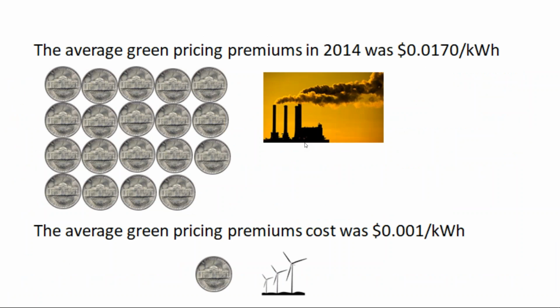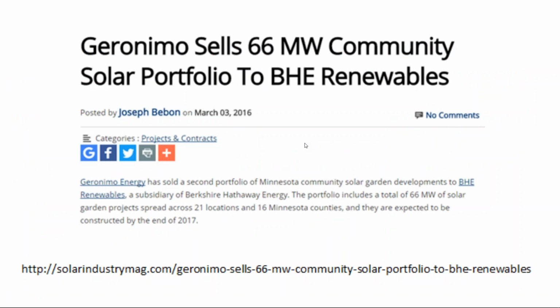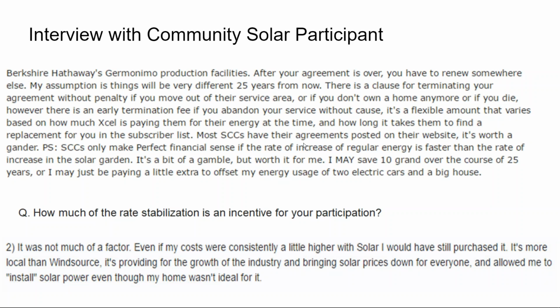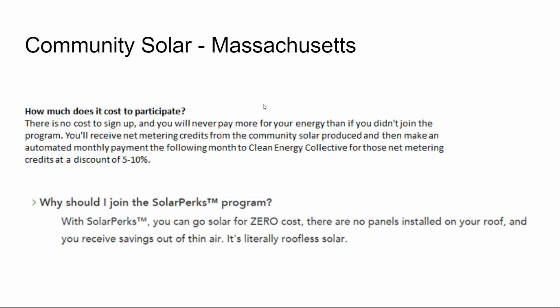So in the Minnesota program, you essentially increase your electric bill by 10 to 20% and then have a stabilized rate for the next 25 years. Here's a different community solar program where the participants actually do save money right off the bat.